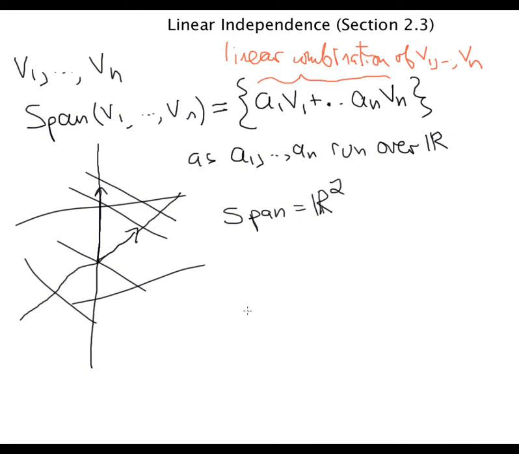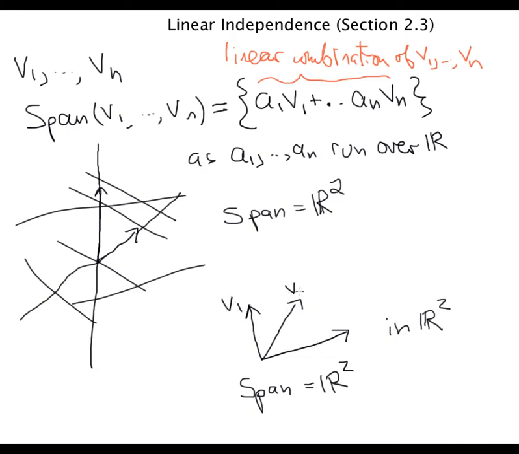And one of the main things I want to illustrate is the following kind of example. What if I took this vector and this vector and this vector, these three vectors in R2, what's their span? Well, it's clear that their span is all of R2, just like the span of this was R2. As a matter of fact, I could have just managed with any two of these three vectors.